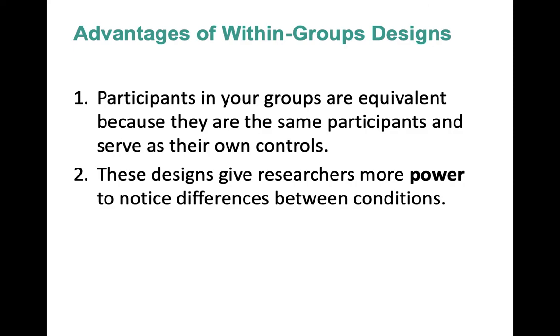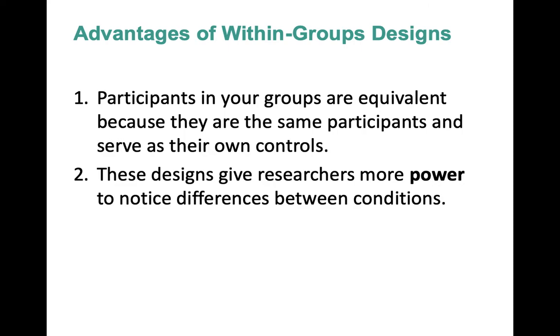Within groups designs have a second advantage, which is that they provide more statistical power. So that group differences are more likely to be detected. Recall that power is the ability of a study to show a statistically significant result when the independent variable truly has an effect on the dependent variable.